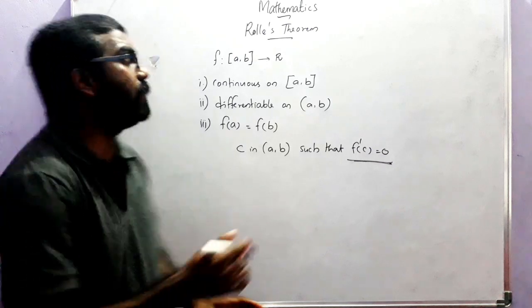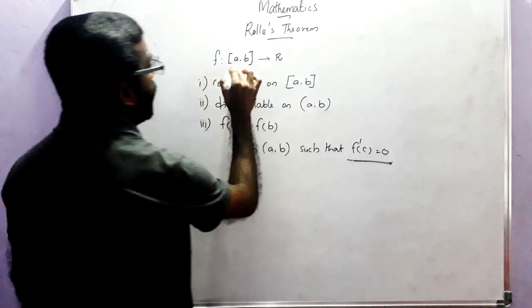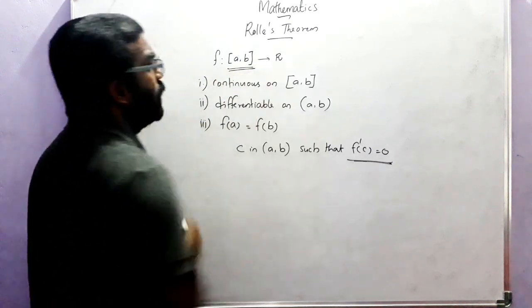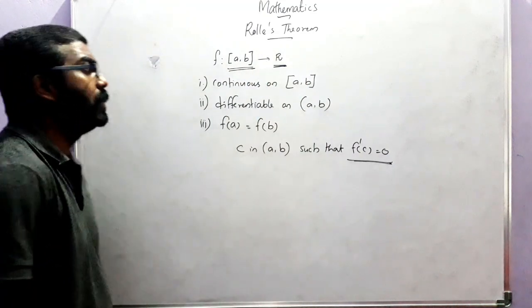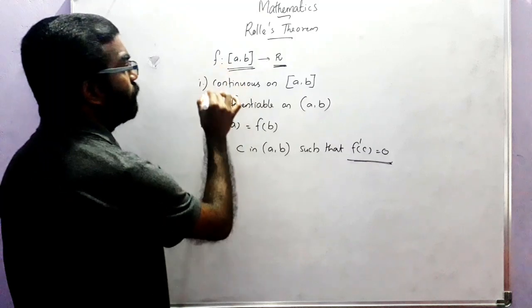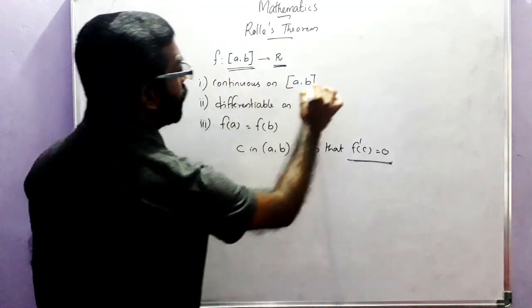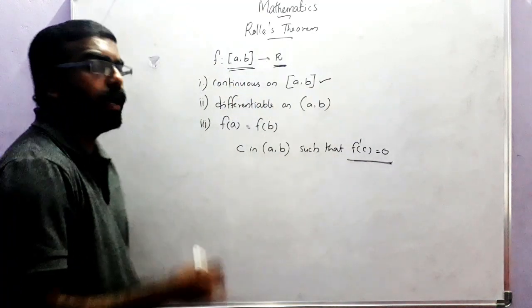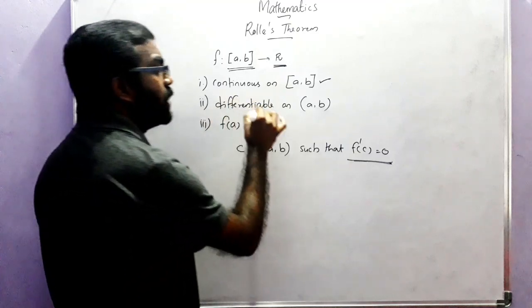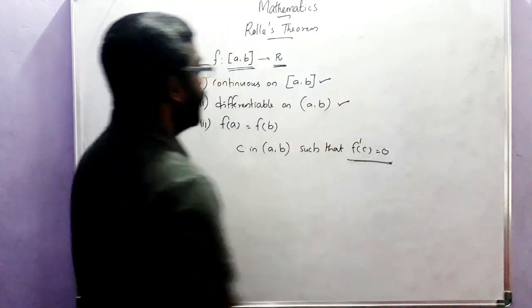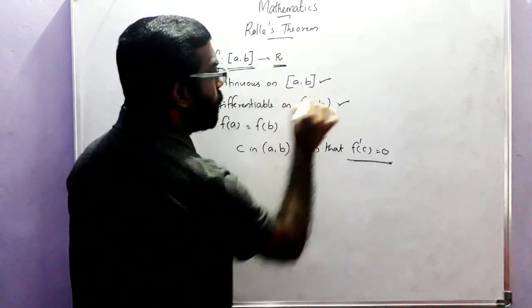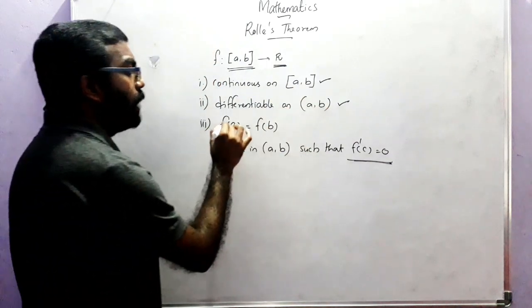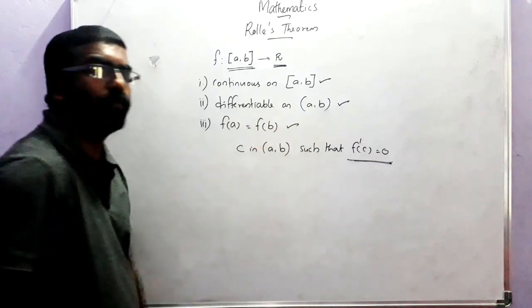So here f is a function whose domain is the closed interval [a, b] to R. R means the set of all real numbers. The function f is continuous on closed interval [a, b] and differentiable on open interval (a, b), that means the derivative exists in the open interval (a, b), and f of a is equal to f of b.